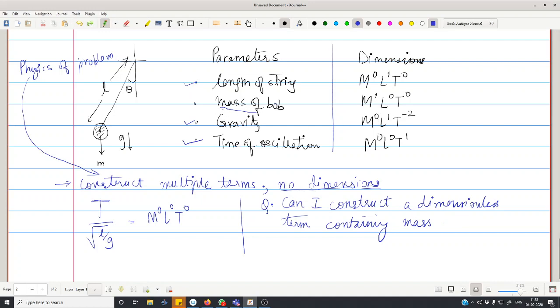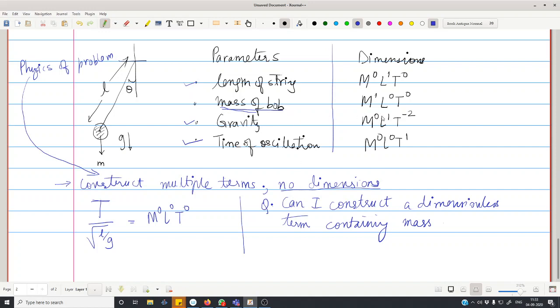Think about it, can you construct a term which contains mass but is dimensionless? So we'll probably need some fixed mass that we could cancel these units with. Very good. That's a very good observation that we need another mass somehow to cancel the mass.